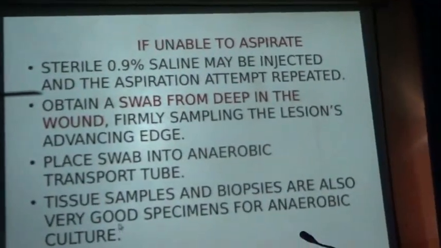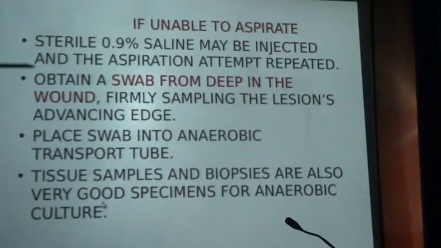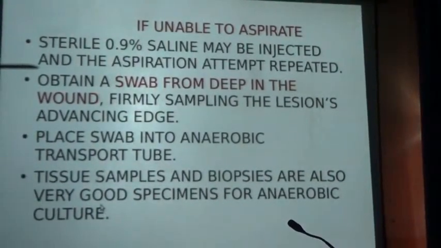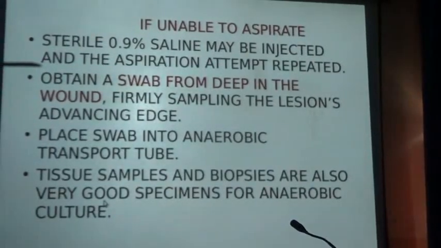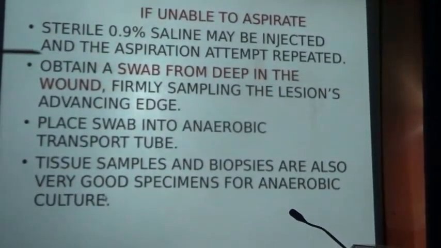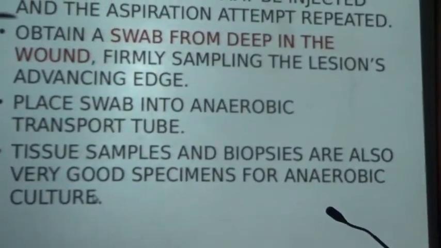In case of deep wounds, a deep swab is taken, and the swab should always be transported in the anaerobic transport medium. Tissue samples and biopsies are also good material for the anaerobic culture.